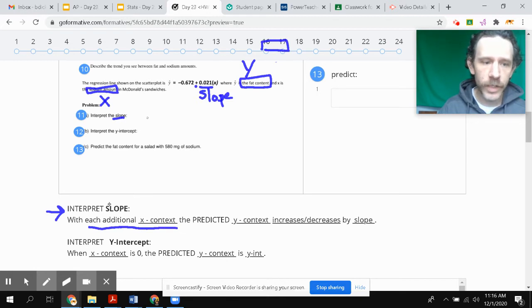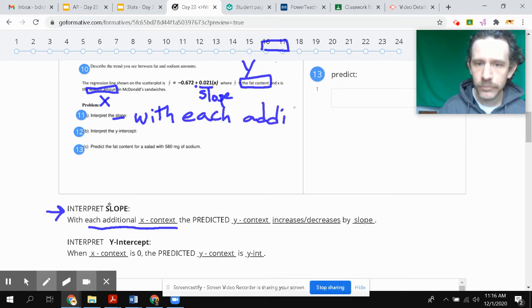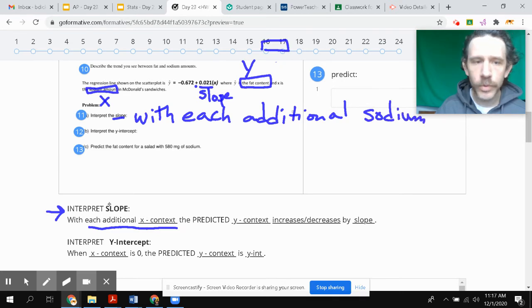For this one, we would write it out with that sentence: each additional... what is my context for x? We already identified that: each additional sodium. You can put sodium amount, that's fine, but we're going to stop it there. So that's the first part, our x context.